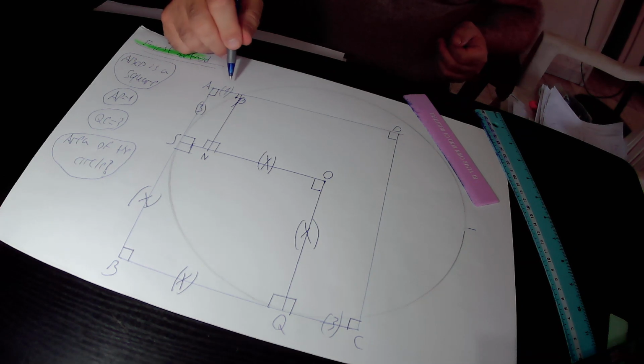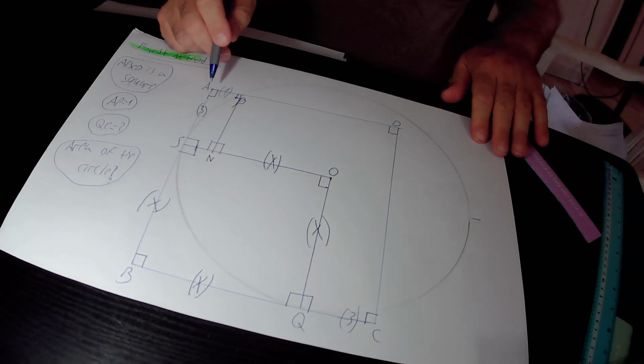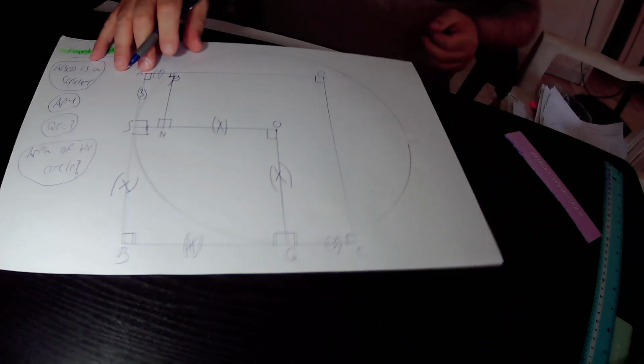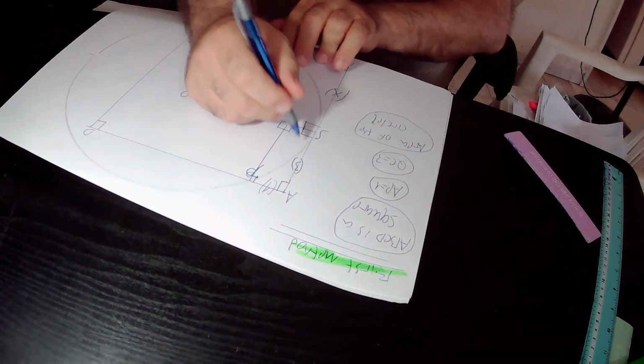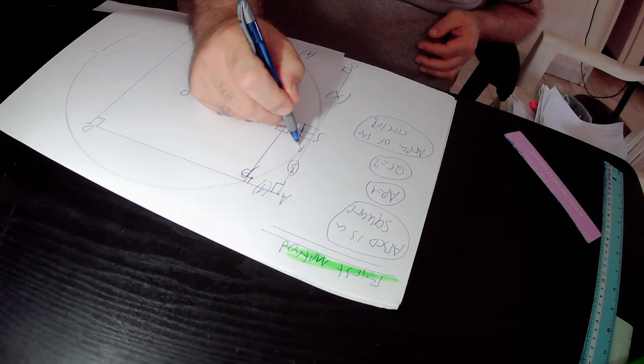So inside quadrangle APNS, we have 4 right angles, and according to the rule, a quadrangle that has 4 right angles must be a rectangle. So we relate to this small quadrangle APNS as a rectangle because it has 4 right angles.